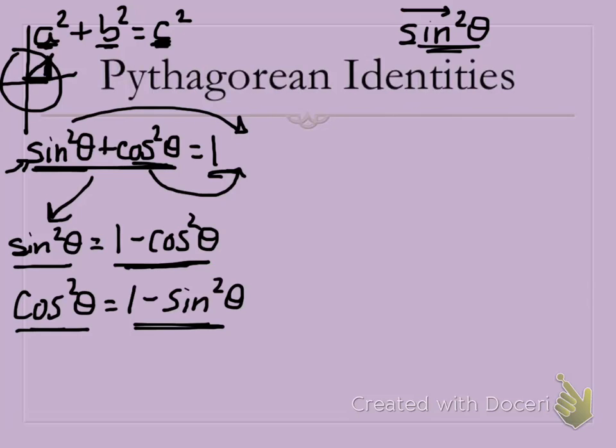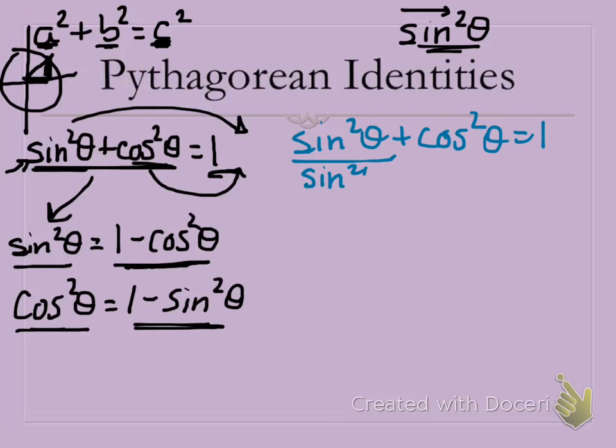Another way that we can modify this is by dividing everything by a sine or a cosine. So let's change color here for this one. What happens if I take this sine squared plus cosine squared equal to 1, and let's say I divide everything by a sine squared.